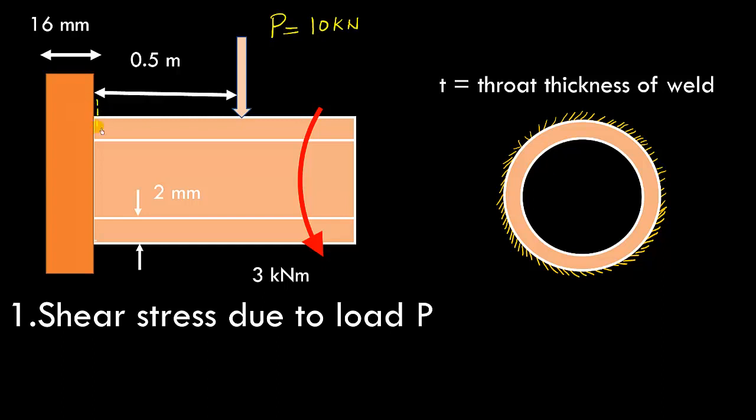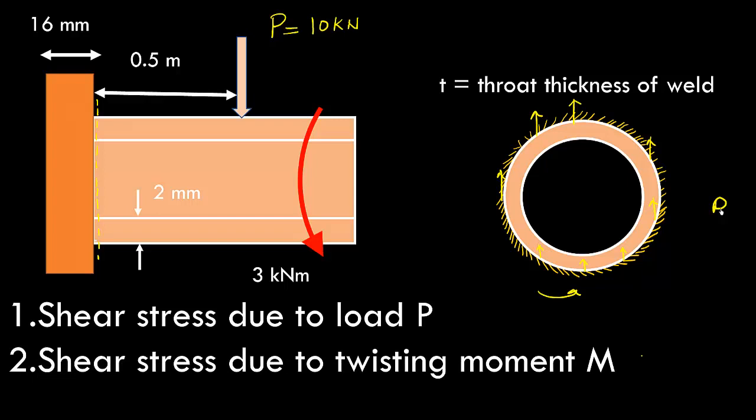Now if I consider a section that is passing through the weld and very close to the plate and pipe interface, and the section is shown here, if I consider the vertical equilibrium of this section, there has to be a force acting in the vertical direction, and the resultant of all these vertical forces has to be equal to P. So these forces are acting in the vertical direction, and this will act all along, and the resultant of all these forces is basically equal to P.